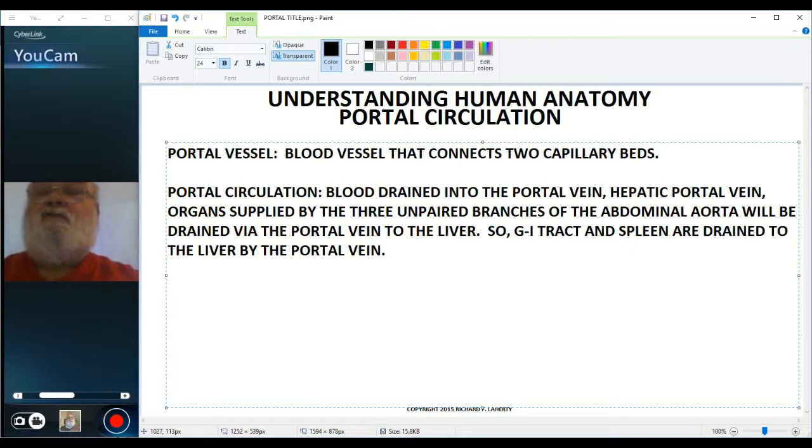Now, this is in contrast to blood that is drained directly into the inferior vena cava, and this is called the caval circulation.